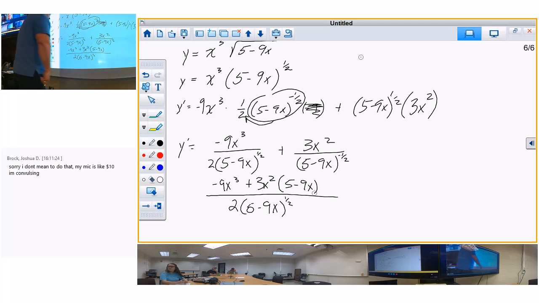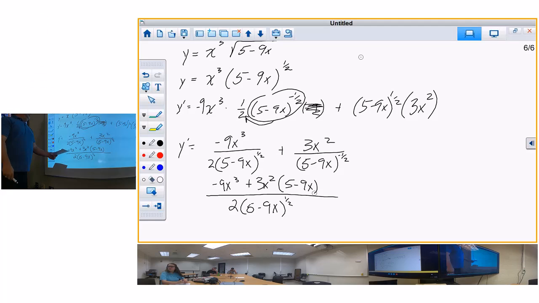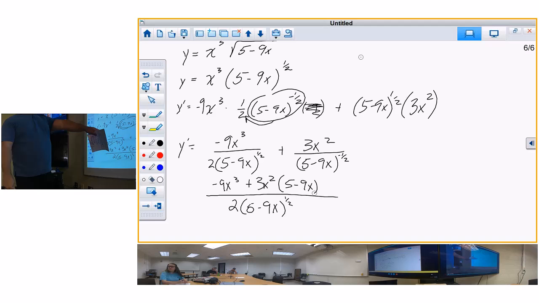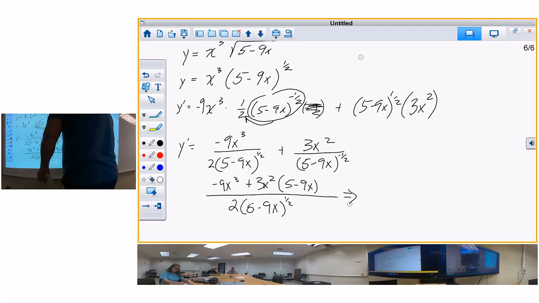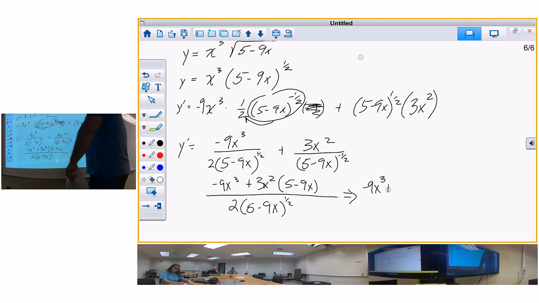And it looks like it might help us because that negative, we're going to get negative 9x cubed plus 15x squared minus 27x to the third over that denominator.